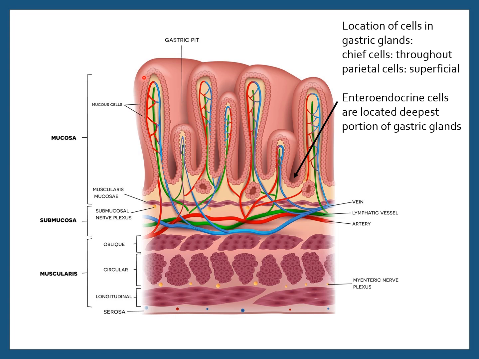And then if we go deeper into that mucosal layer, we're going to find the parietal cells. They are going to be actively secreting some hydrochloric acid. And then deep in these pits is where we're going to find those enteroendocrine cells. We're going to find the chief cells located throughout this gastric pit.